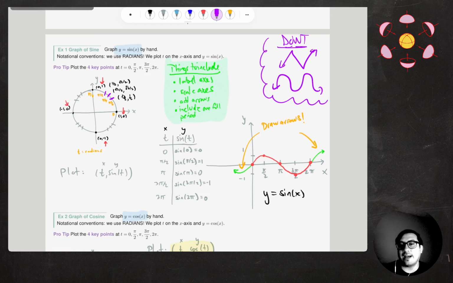Let's look at our sine value. And let's do maybe pi over 4. So pi over 4, if we're doing sine, it's going to be root 2 over 2. So let's pull up the calculator for just a second.